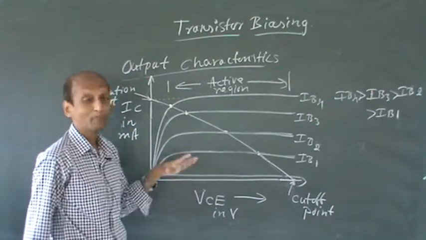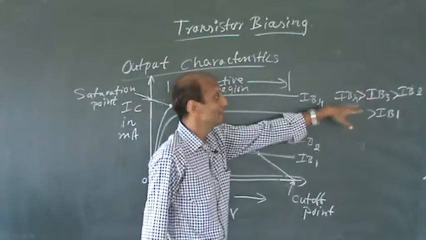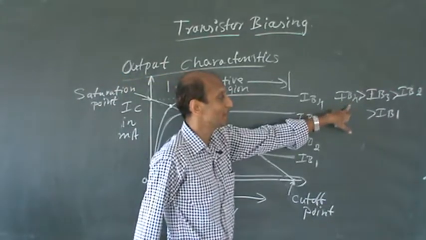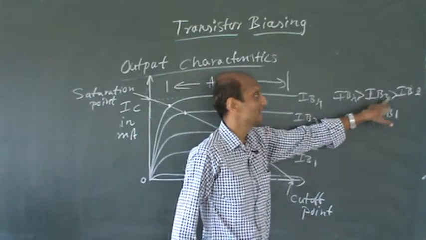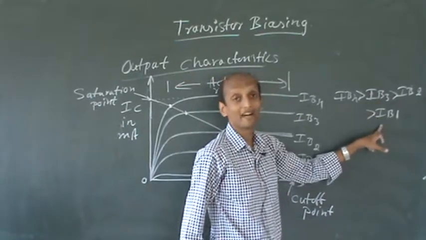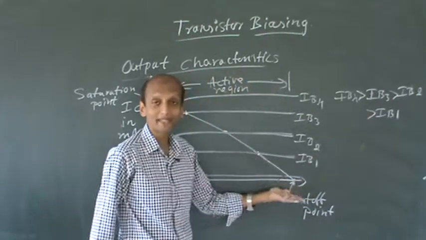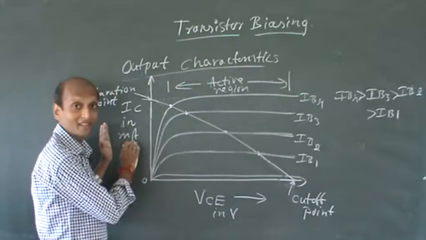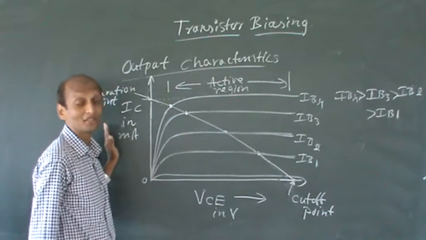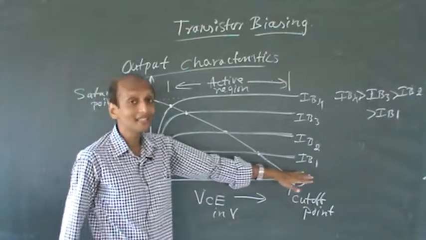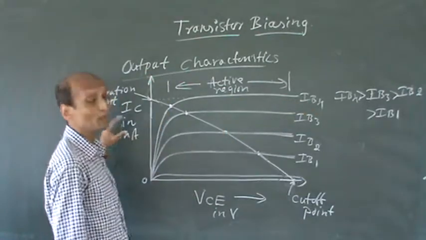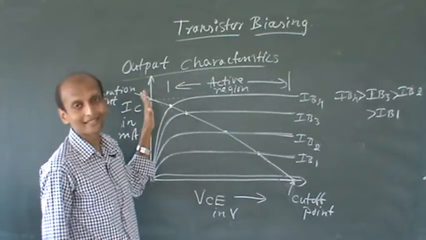So what we can make out here is base current IB4 is greater than IB3, greater than IB2, greater than IB1. As I increase the base current, the output current, that is collector current, also increases.